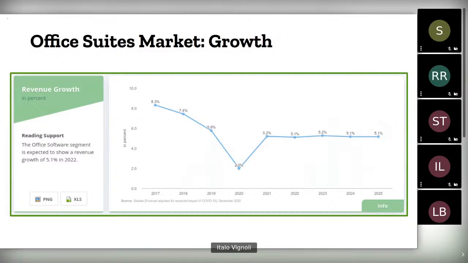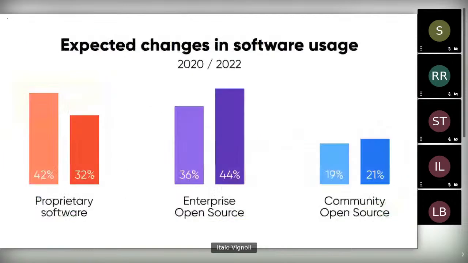And if we look at other data provided by analysts, we see expected changes in software usage. While proprietary software is decreasing, enterprise open source and community open source are increasing. We are both in the community open source and enterprise open source. So again, a nice outlook for our market and for our project.